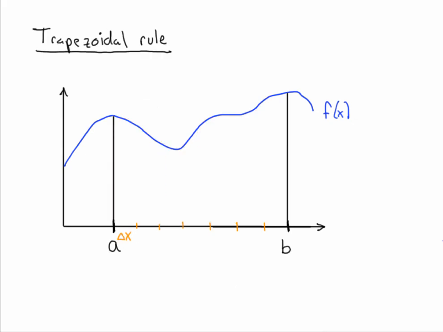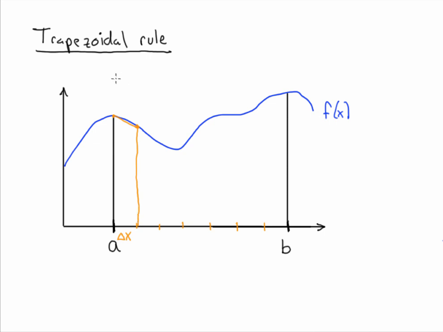All right, so how does the trapezoidal rule work? Let's imagine we have exactly the same function f of x and the same intervals delta x that we wish to integrate over. Now, instead of approximating the area under the curve as a rectangle, we approximate it as a trapezoid, like so.